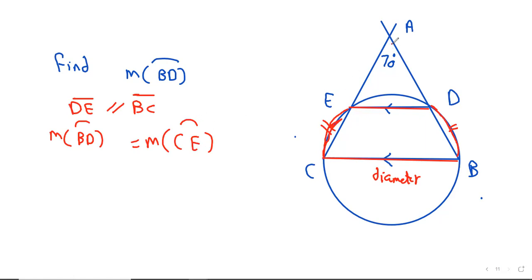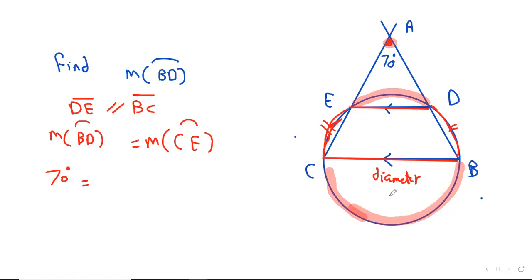This angle here is an intersecting angle between two rays outside the circle. So this angle here, 70, is half the difference between what? Half the difference between the major arc and the smaller arc.